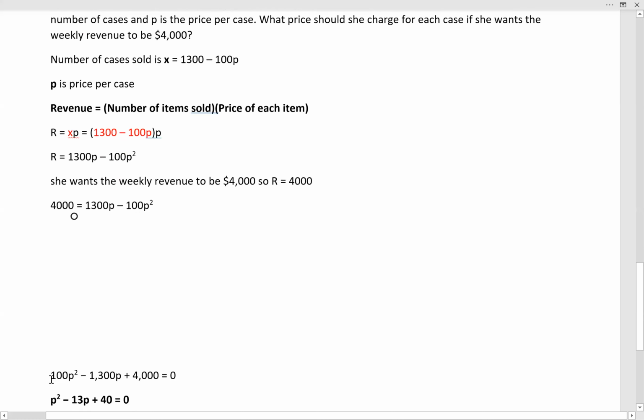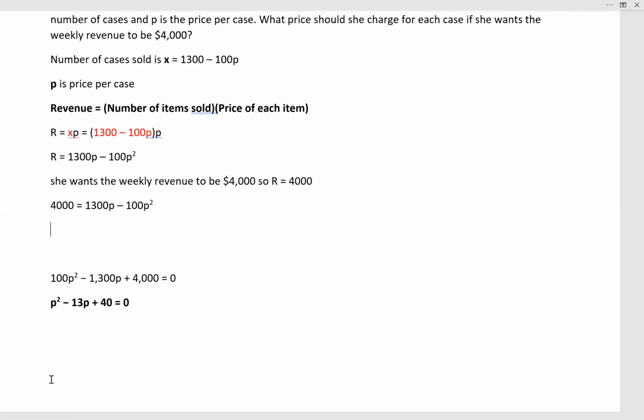So now I will just move terms: I subtract both sides by 1,300p and add 100p squared to both sides to get the equation 100p squared minus 1,300p plus 4,000 equals 0.